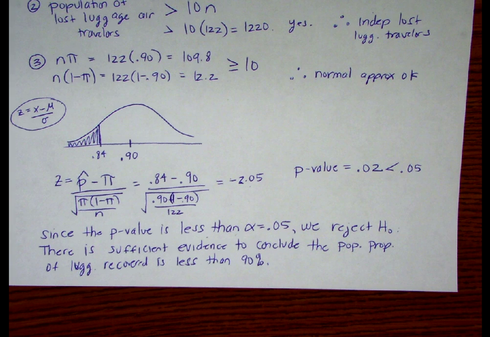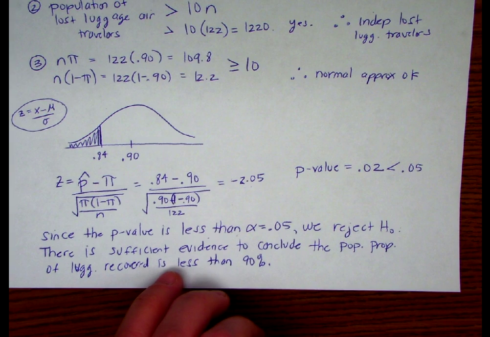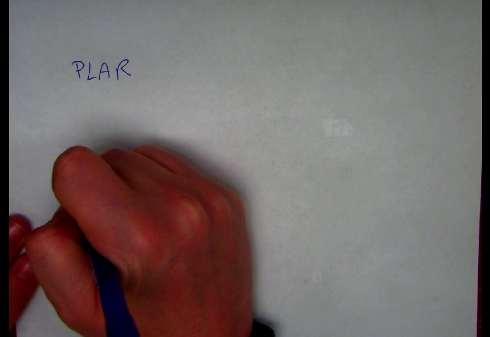Okay, so I have two ways to remember this. I call it PLAR and PGAFFR, and I've actually added on to those. So let me turn this over and explain to you what those are. Okay, so I've added on, it used to be PLAR and PGAFFR.